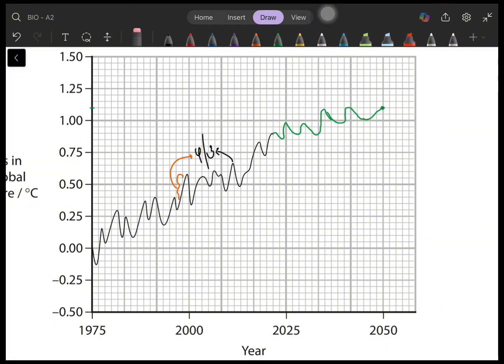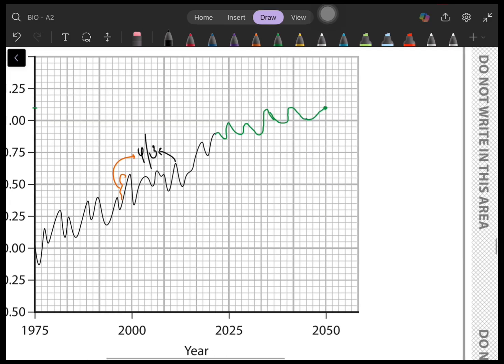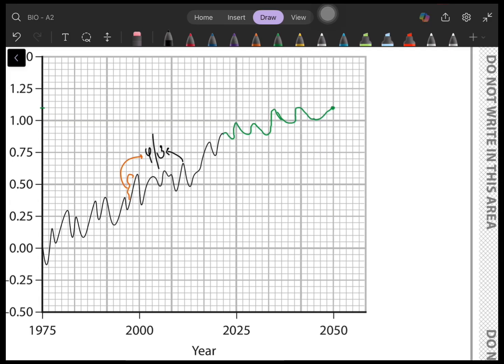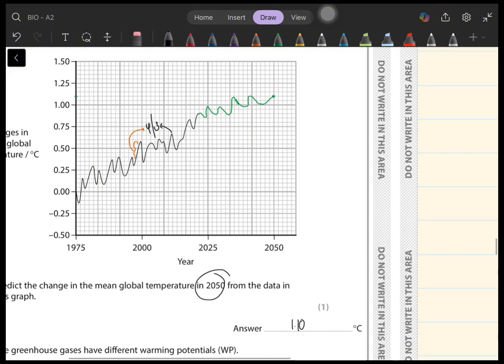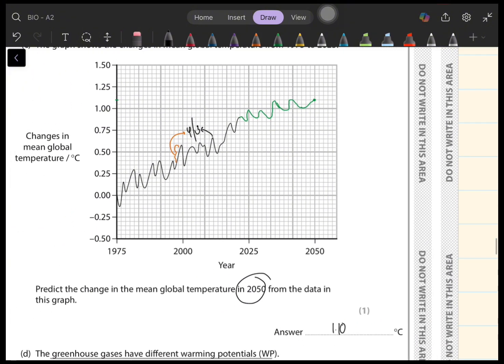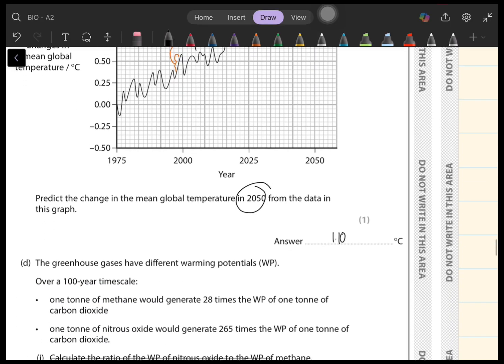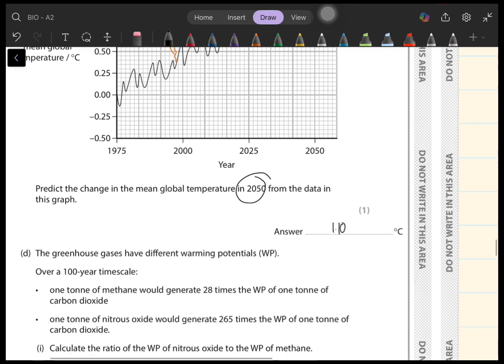So I have drawn that in a similar manner, and by 2020 it should be around 1.10. It is basically a prediction, and many students got this question wrong in their exam. If you did get it wrong, you shouldn't worry that much, because it's a 1 mark question, provided that you did the others correctly.